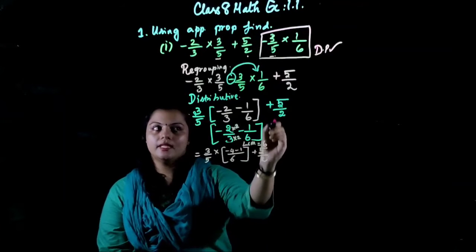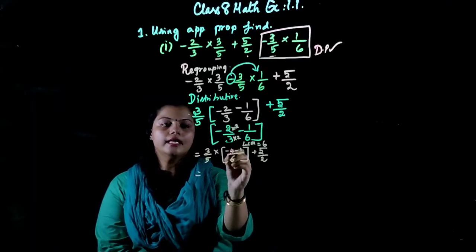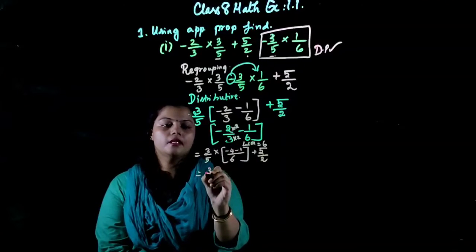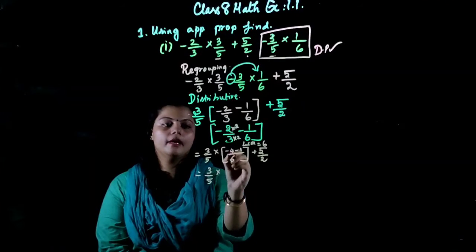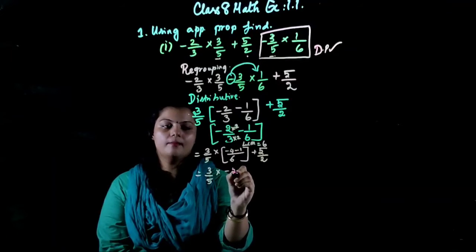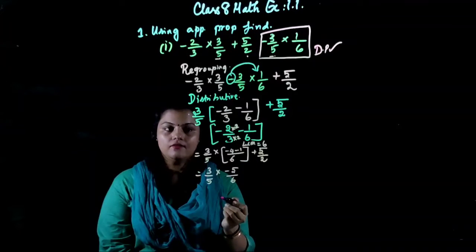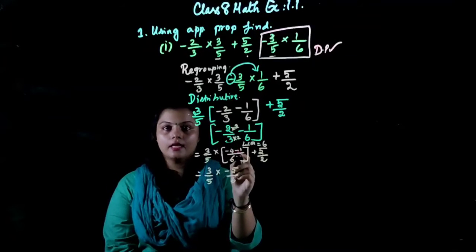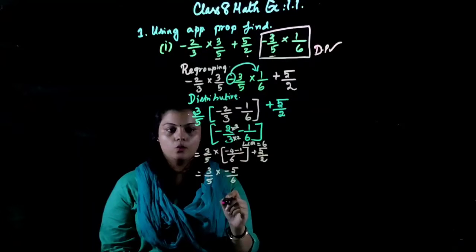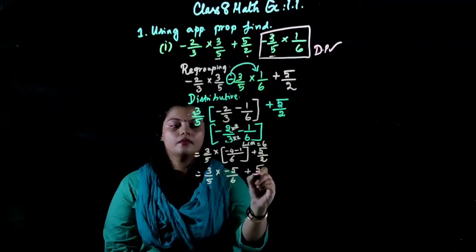Yes, this is on the same side, and the extra term is plus 5 by 2. Now using addition of integers, 3 by 5 into minus 4 minus 1 would become minus 5 by 6, because minus 4 and minus 1 belong to negative. So same sign, add and put the same sign. That is the rule. So this is minus 5 by 6 plus 5 by 2.